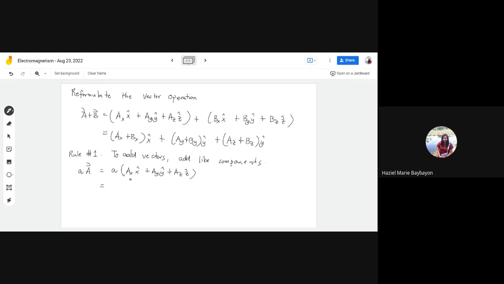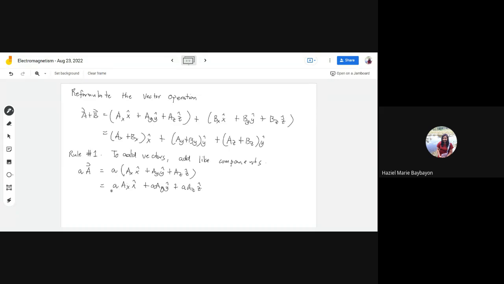This means that all of the components will be multiplied by the scalar a. So you have a multiplied by A sub x, x hat, plus a multiplied by A sub y, y hat, plus a multiplied by A sub z, z hat.